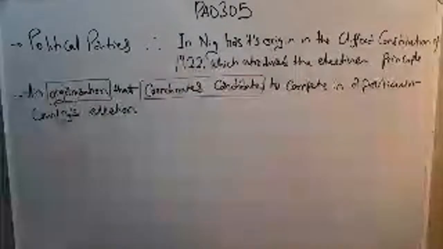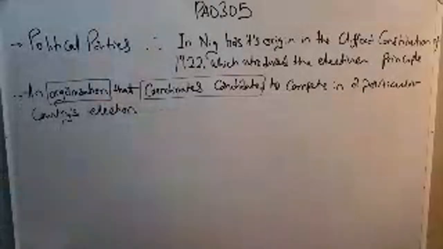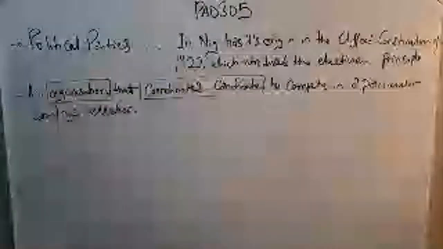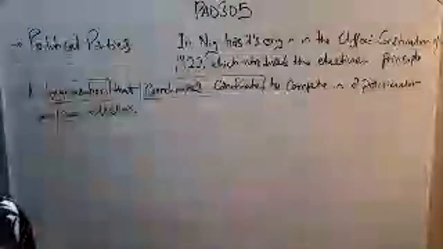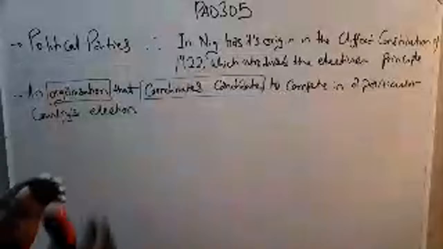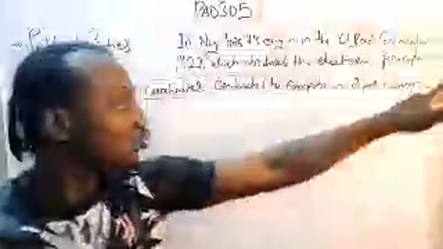No, it's not like that when it comes to political party. There has to be an in-house election first among the members on who will represent the party. So that's why they have what is called coordination: coordinate candidates to compete. After their candidate has been chosen, then it will be sent out to compete in a particular country's election.